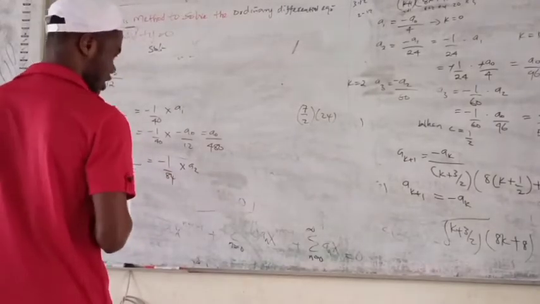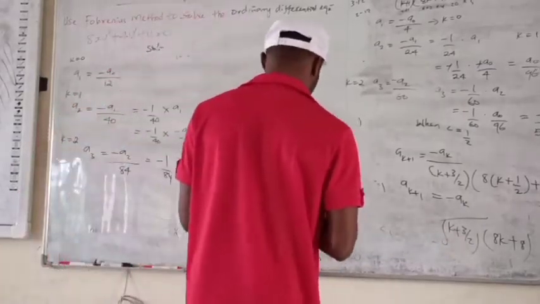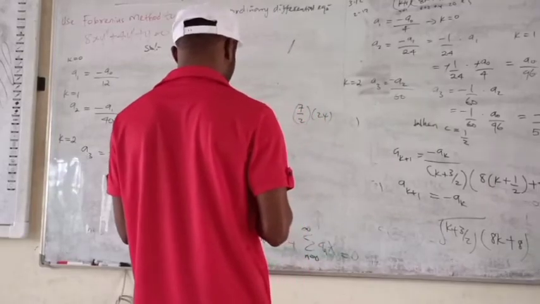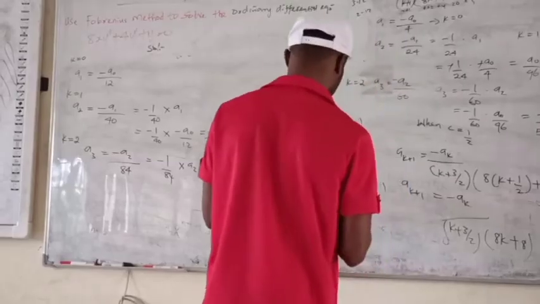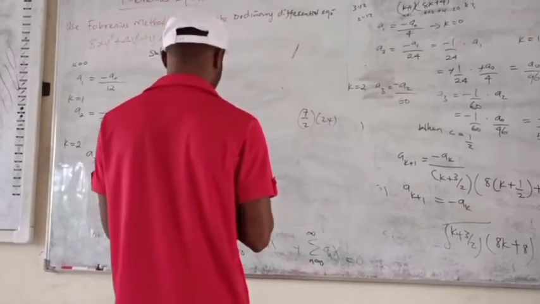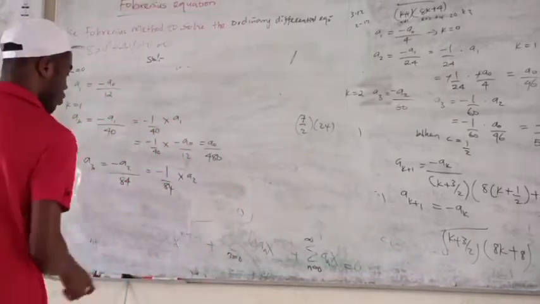Okay, let's punch the calculator again to confirm. So this is 2 plus 3/2, 7/2, of course. So 8 times 2, 16 plus 8, 24. Okay, 84.